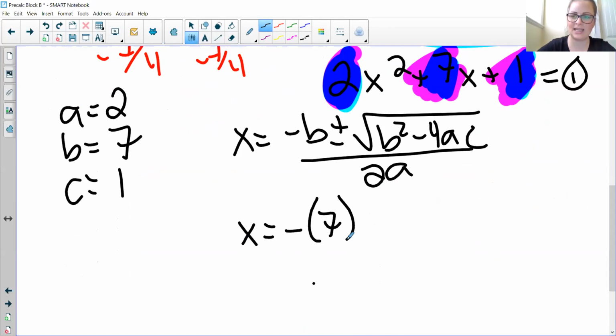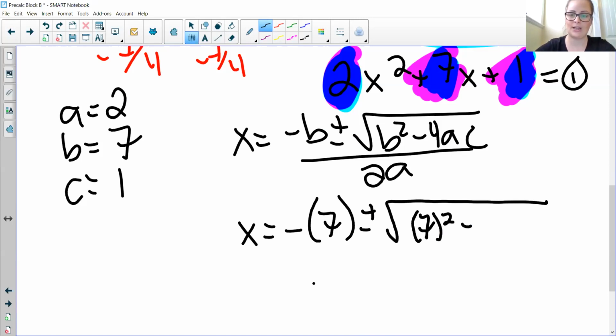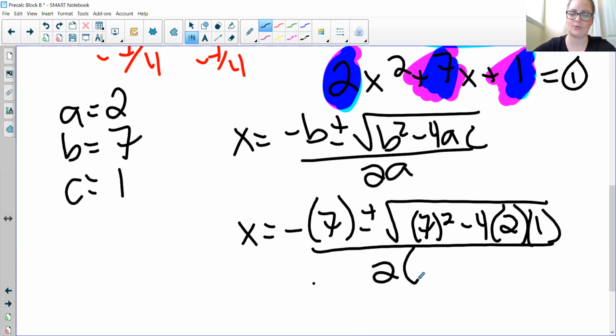If it was a negative 7, it would have to be negative, negative 7, which would become positive 7. So please remember, when you substitute into brackets, especially when they're negative values. B is 7 squared minus 4 times a, which is 2, times c, which is 1, all over 2 times a, which is 2.